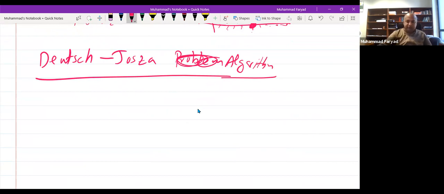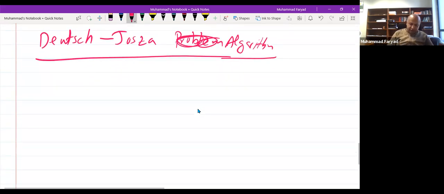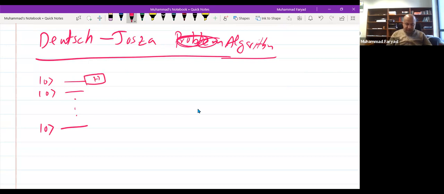So the Deutsch-Jozsa algorithm is this: you prepare a bunch of qubits, all of them in the 0 state. And then you perform Hadamard gates on all of them independently, no controlled Hadamard, only independent Hadamard gates.